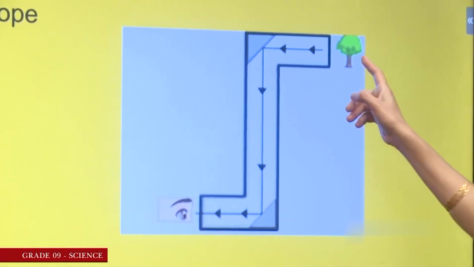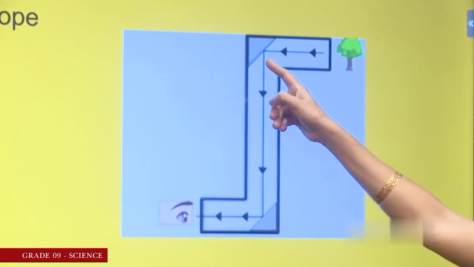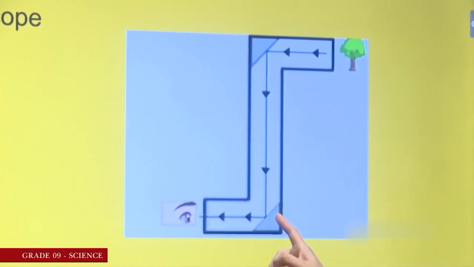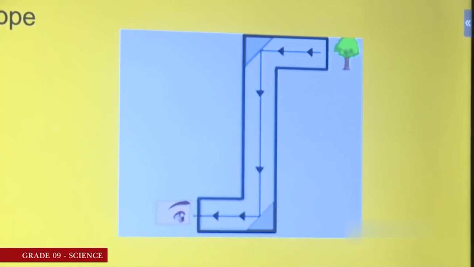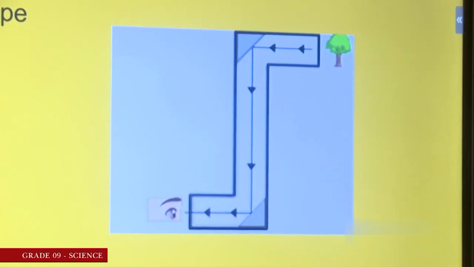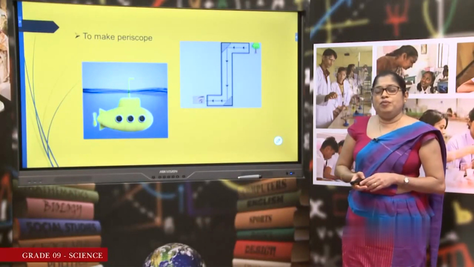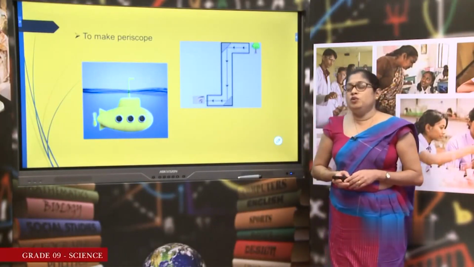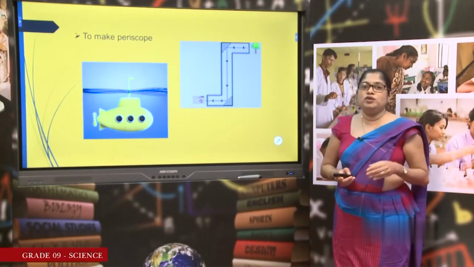A light ray coming from the object is reflected once from this plane mirror, and for the second time it is reflected from the second plane mirror and reaches the eye of the observer, so that the soldier inside the bunker can see the objects outside while hiding. Not only soldiers, people who travel in submarines use these periscopes to see what is happening above water.